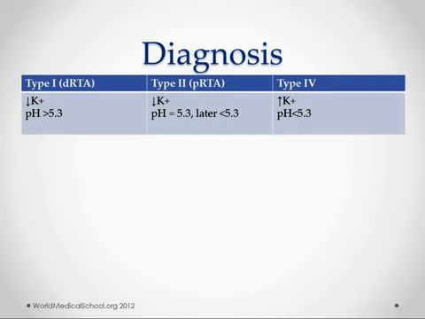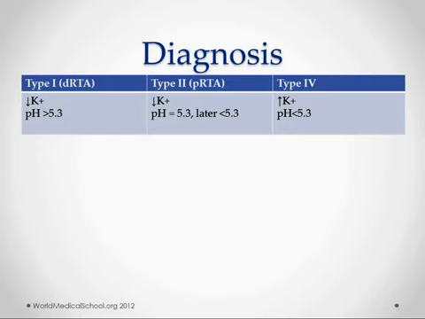But once you figure that out, then let's look at the potassium, because potassium is going to be low in type 1 and type 2. And potassium is going to be high in type 4 renal tubular acidosis. So once we've figured out that we have, let's say, low potassium, then how do we figure out if it's type 1 or type 2? Then we're going to look at the urine pH.